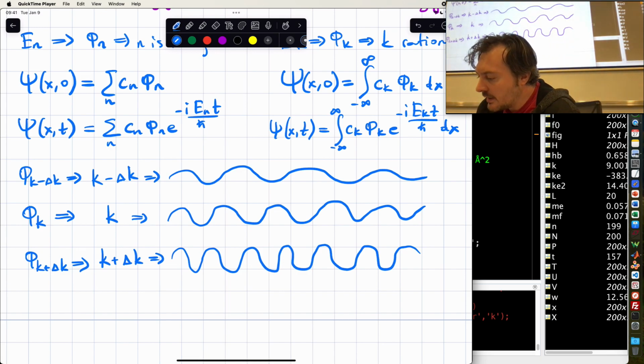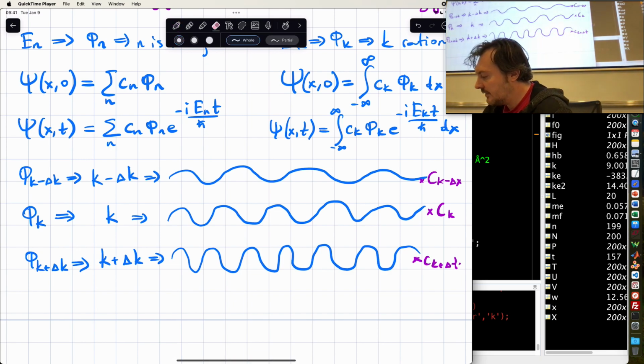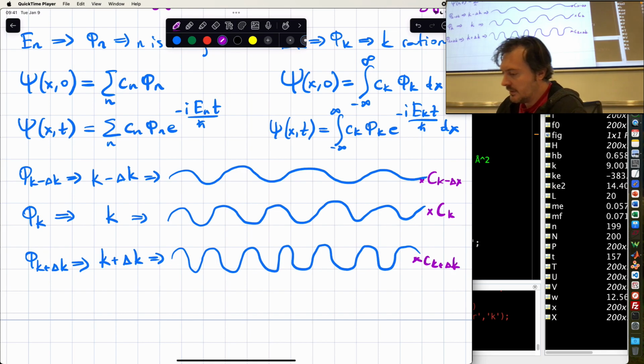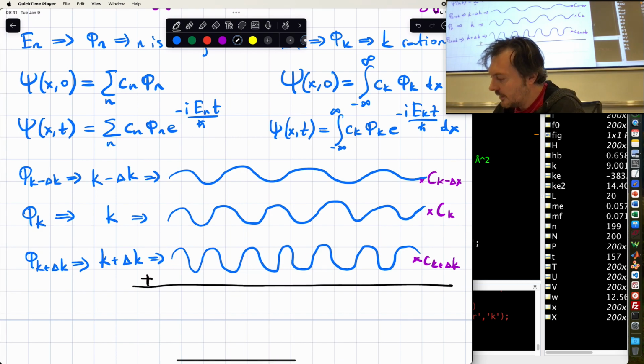And you multiply these by some coefficient, c at k minus delta k, and you multiply this one by c at k plus delta k. Once you have multiplied them, you sum these up to get your wave function.